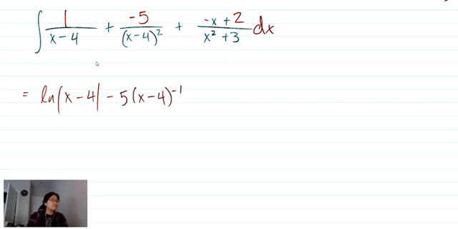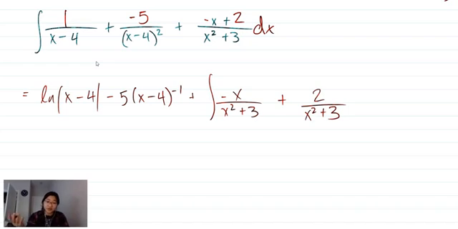Okay, great. For this next part, I think we should rewrite it as plus the integral of negative x over x squared plus 3, plus 2 over x squared plus 3, dx. And we're allowed to do that. We're allowed to break up the numerator. That is totally allowed.